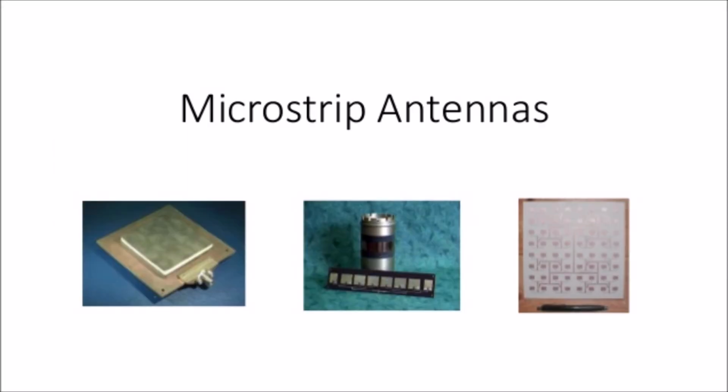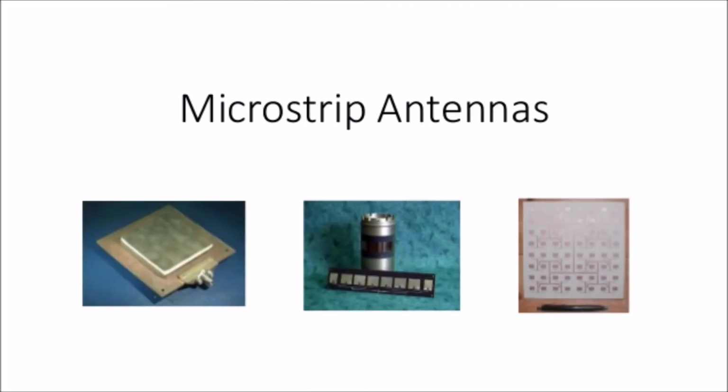Geometries of the basic microstrip patch antenna. The idea of microstrip patch antennas arose from utilizing printed circuit technology not only for the circuit components and transmission lines, but also for the radiating elements of an electronic system.